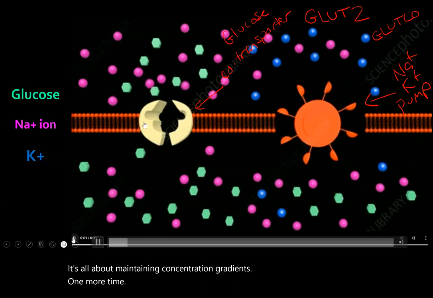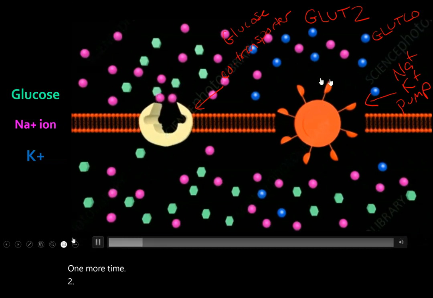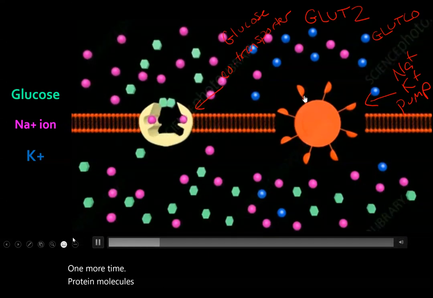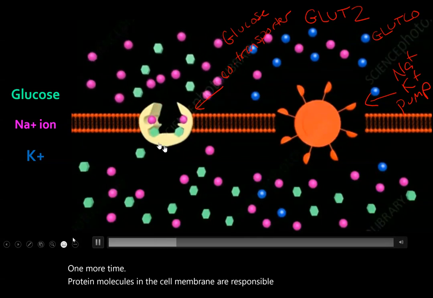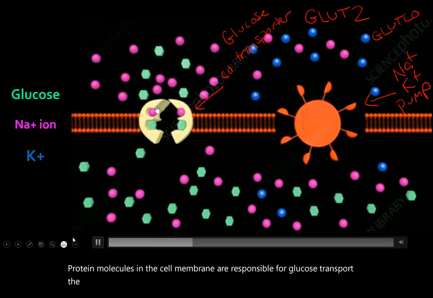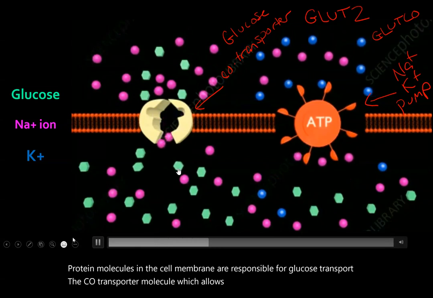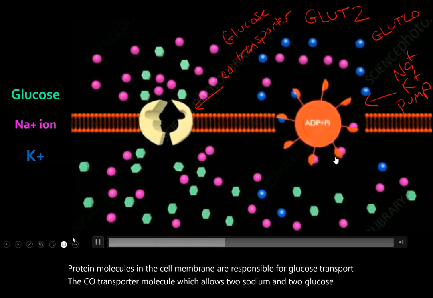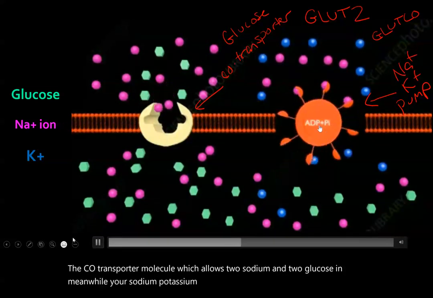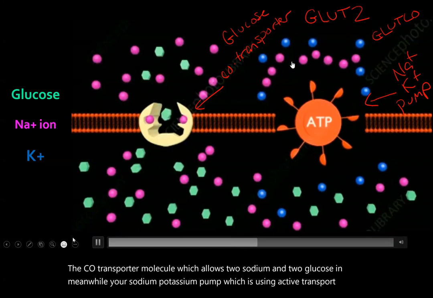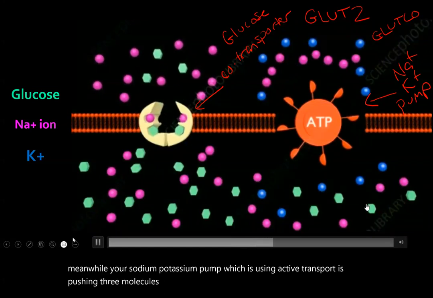Two protein molecules in the cell membrane are responsible for glucose transport. The co-transporter molecule, which allows 2 sodium and 2 glucose in. Meanwhile, your sodium potassium pump, which is using active transport, is pushing 3 molecules of sodium out and bringing 2 potassium in.